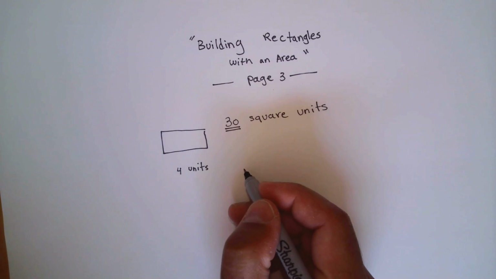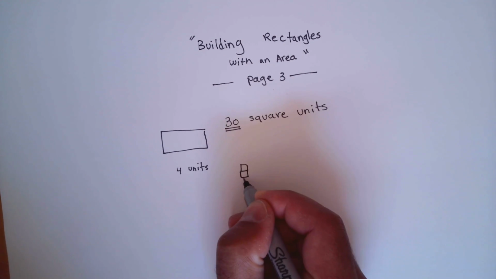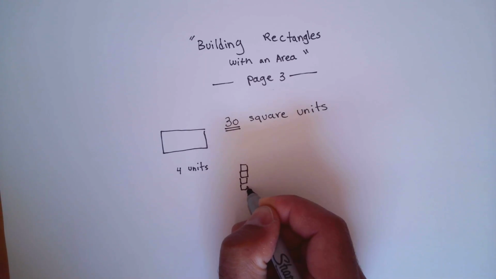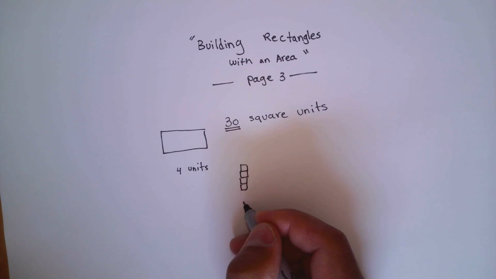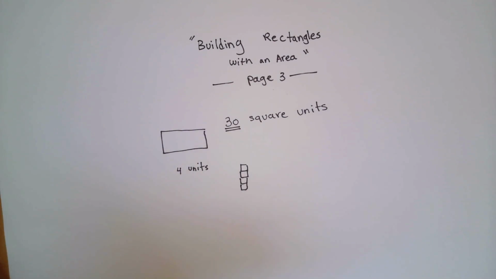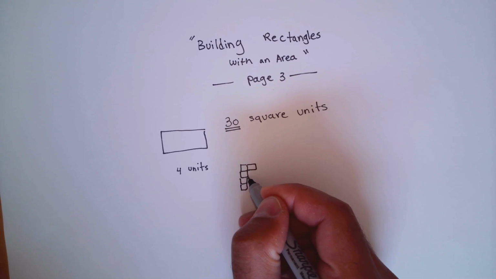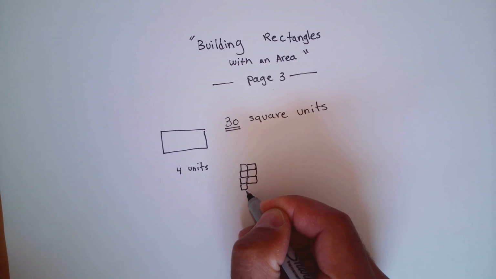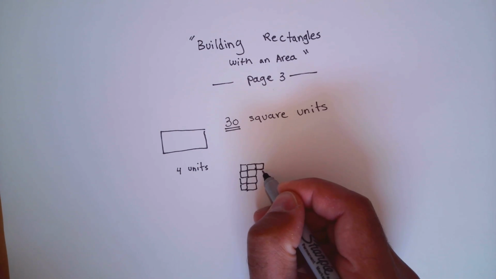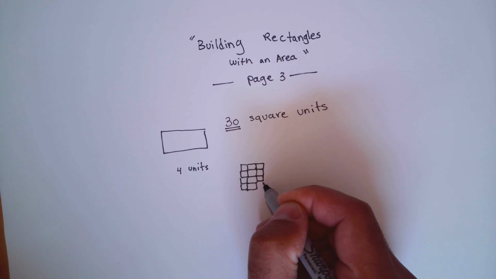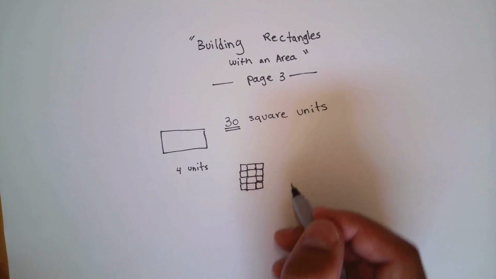Excuse me. So I'm going to start with 4. So 1, 2, 3, 4. Now I need to use multiples of 4 and see if I can make 30. So if I use 4 again, that gives me 8. If I use a third set, a third array, a third multiple of 4, I get 12.